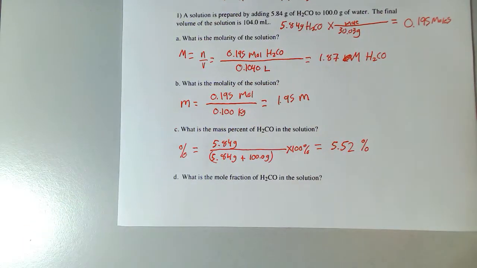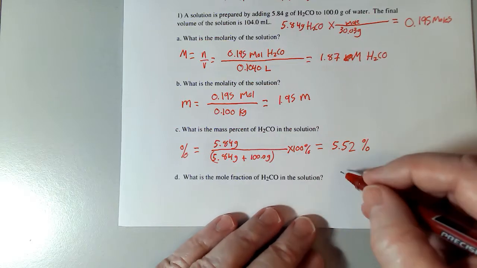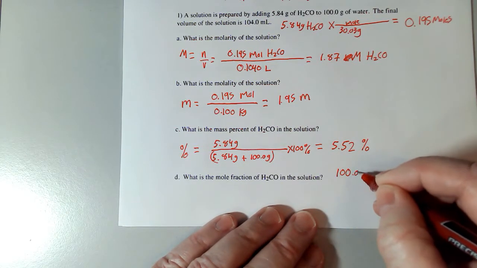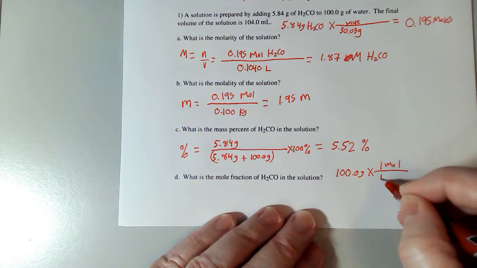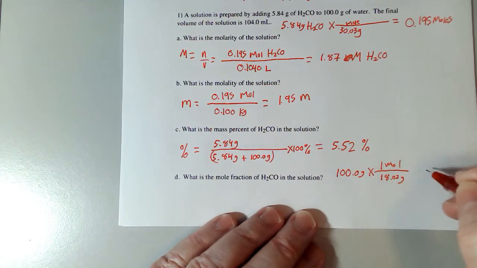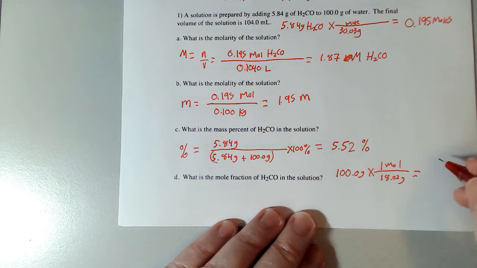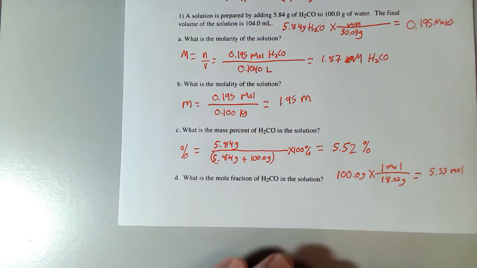Okay. Now for the mole fraction, I'm going to need the moles of water. So 100.0 grams times 1 mole is 18.02 grams. And I actually know this. This is 5.55 moles. Okay.